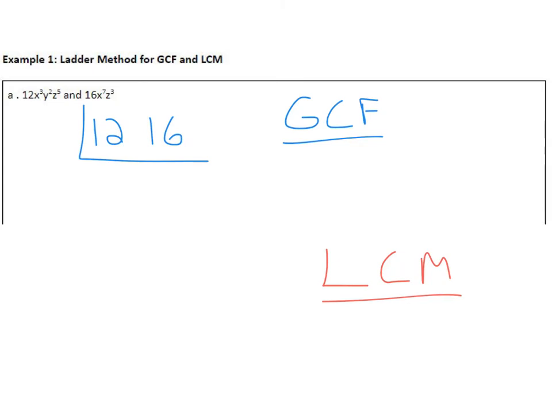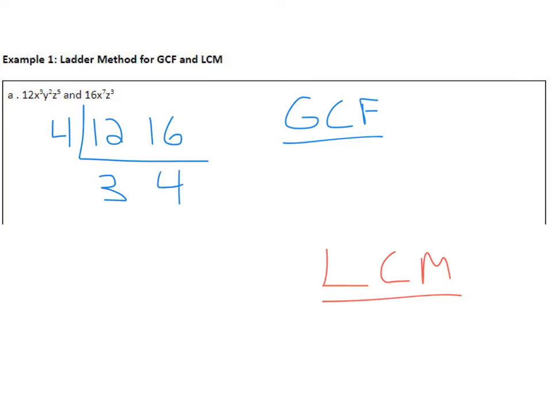So when we take a look at example 1, and we go about trying to solve for the greatest common factor and least common multiple, we still have to look at our numbers just like we did in the past lesson. And the best method may be the ladder method. What can we divide? Well, in this case, it looks like 4, and that would leave us with 3 and 4.